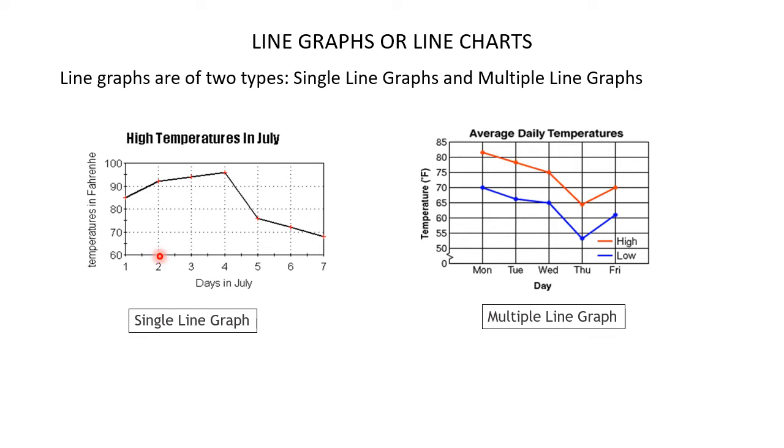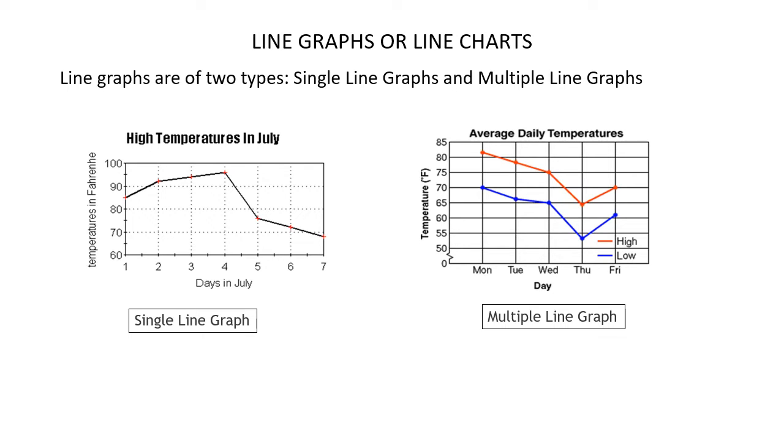On day 2 in July, the highest temperature was 90 degrees Fahrenheit. On day 3 in July, the highest temperature was 95 degrees Fahrenheit, and so on. All these data values are joined with a straight line to get a line graph.